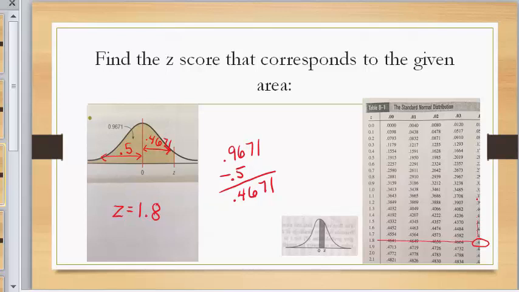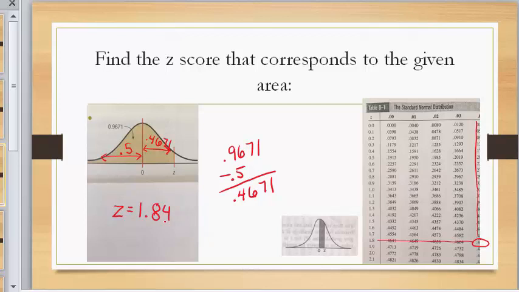And if you come up, you're at a hundredth place of 0.04. So our z-score is 1.84.